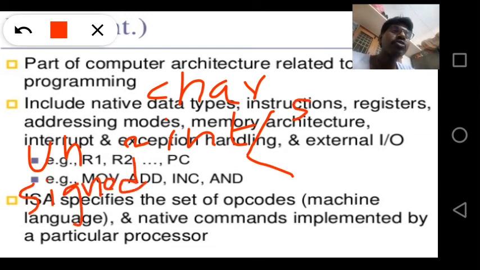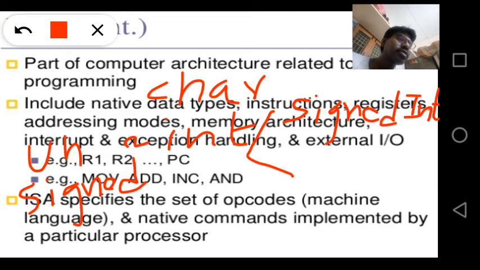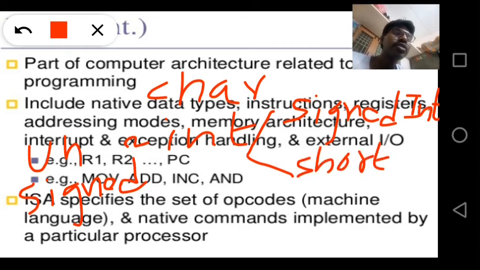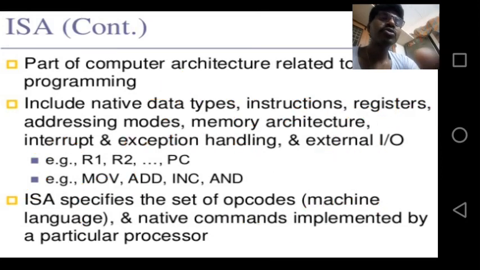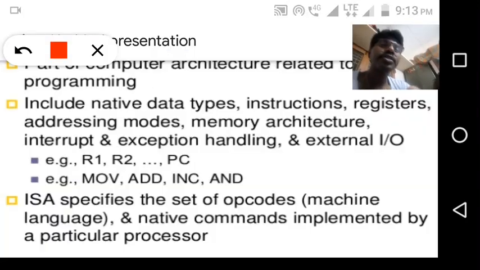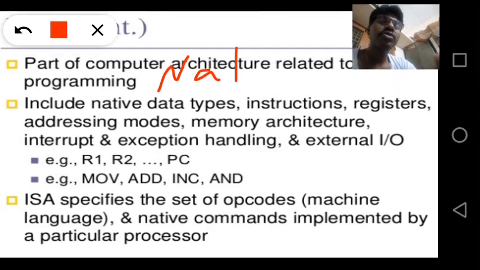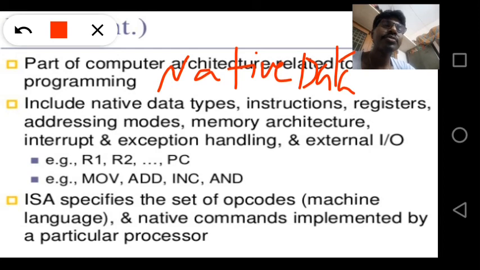If you want to specify, you can specify it as signed integer, or short integer, or long integer. There is also another data type, byte, and floating point number. So I'll explain examples of native data types.